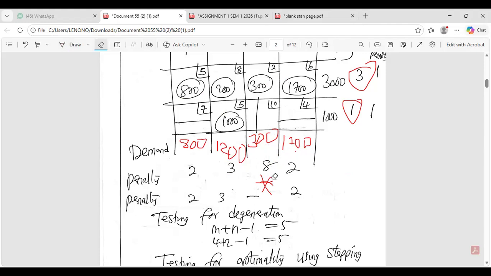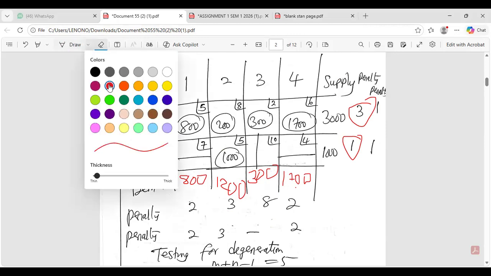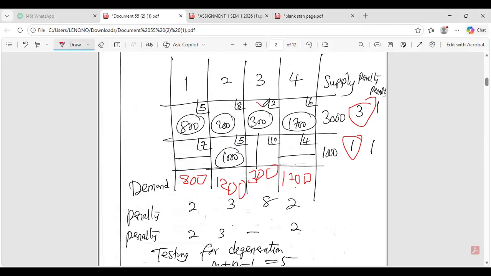So from the highest penalty of 8 here, 300 should go in the smaller of these costs, so 300 came here. Then meaning that this would have remained with 2,700 after the 300 entered.